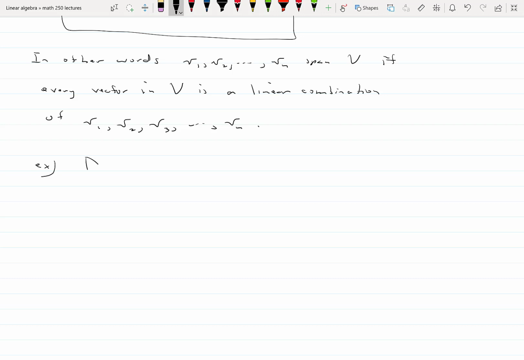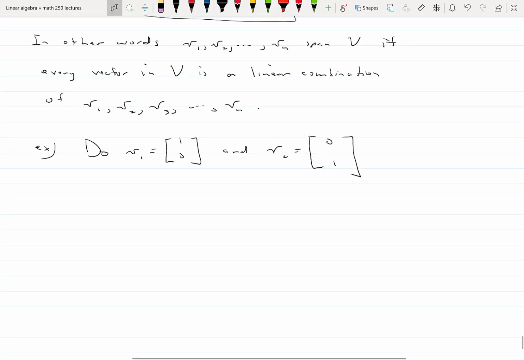So for example, V1 equals 1, 0, so we're in R2, and V2 equals 0, 1. Now, if you've had Calc 3 or some physics, this is going to be not so bad for you.